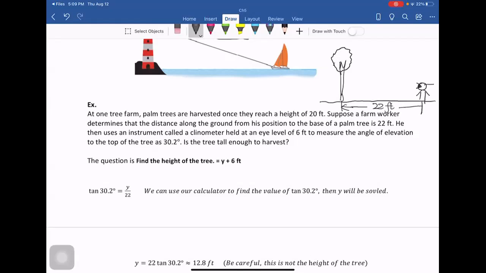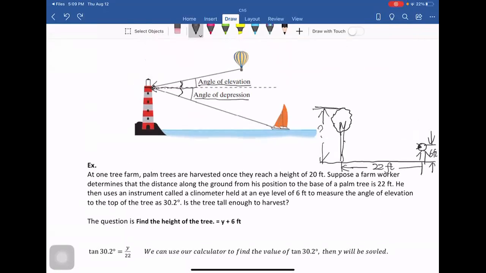And then we know his height is 6 feet. And I want to measure the height of the tree. So how to do it? Since he told us that the angle of elevation to the top of the tree is 30.2 degrees, that means the angle of elevation here is 30.2 degrees.